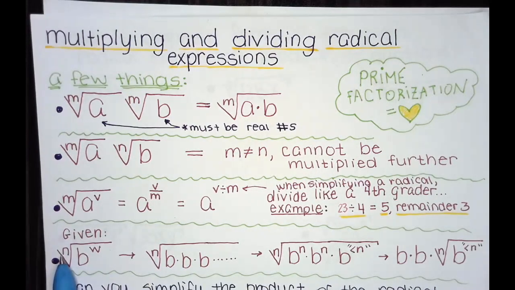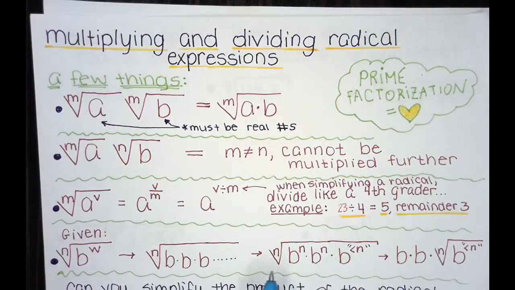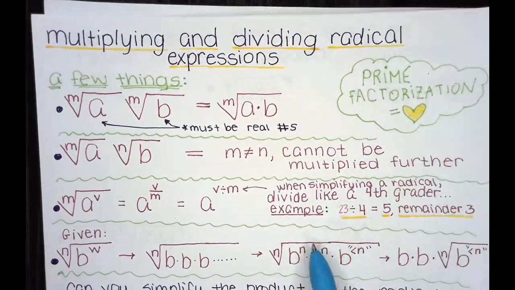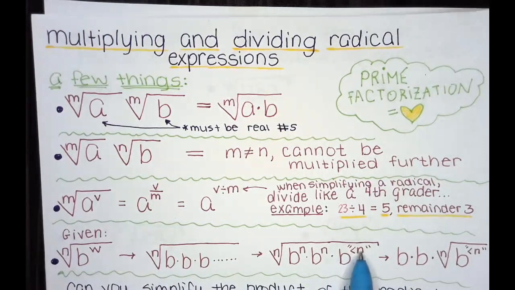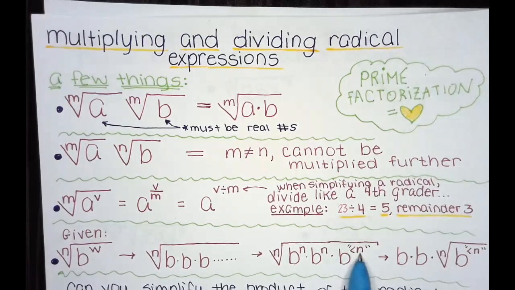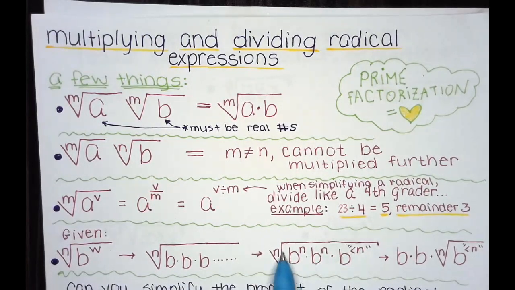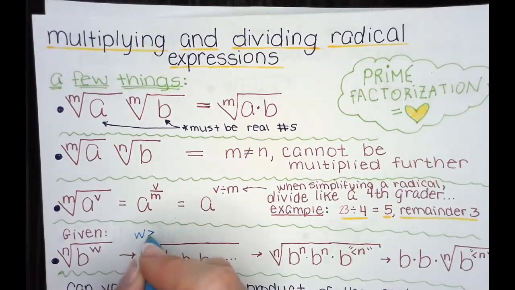Is N greater than W? Not sure. So we go on with this little bit of a rule here. If we could end up breaking down our B to the W, if N is less, if this B, the last one, when we multiply them all out, is less than N, all right? What else should I write over here actually? I would say here W is greater than N.